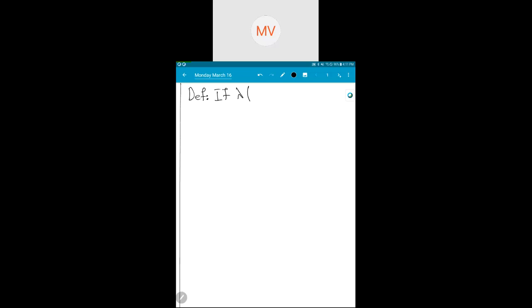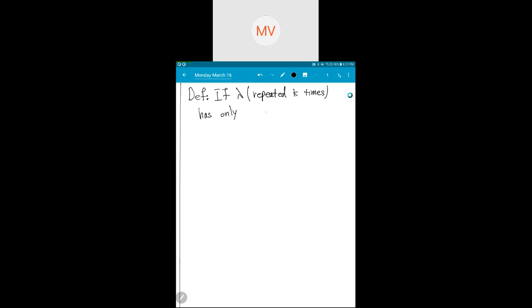Okay, going back to this definition. If lambda is repeated k times, or has multiplicity k, but has only a number of eigenvectors less than k. For example, if it repeats 7 times, you can only find 3 linearly independent eigenvectors. That means 4 other eigenvectors are missing.